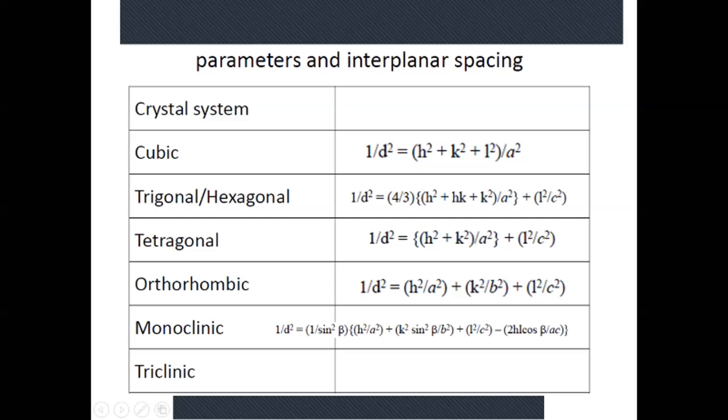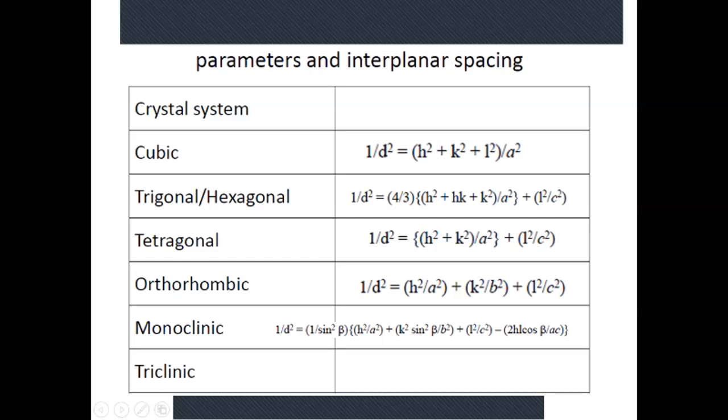For cubic, it's a very simple equation because A, B, and C are equal. So it's just h squared plus k squared plus l squared divided by a squared equals 1 over d squared. Again, if you know the D squared and you know the A value, you can calculate the HKL plane for that particular D spacing.